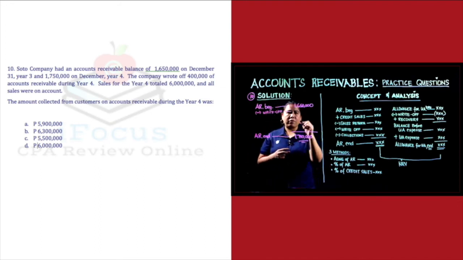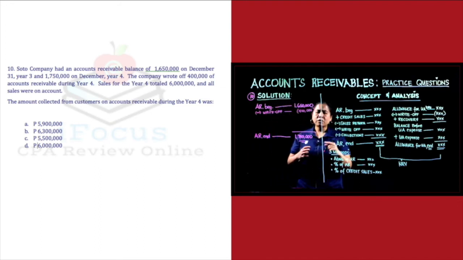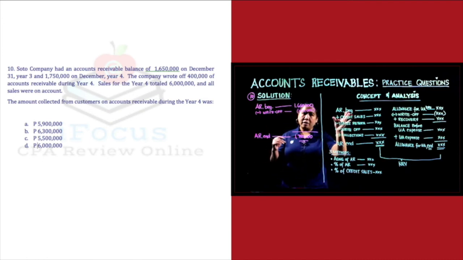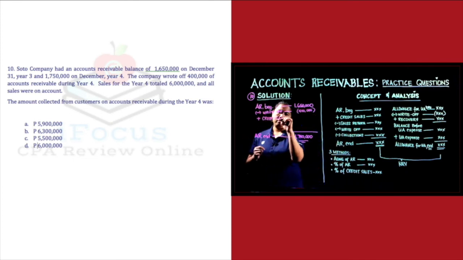Amounting to 400,000. Sales for the year 4 totaled 6 million and all sales were on account. So, lahat po ng 6 million ay credit sales natin. Alright? So, ano bang effect ng credit sales sa ating accounts receivable? That is additions to our accounts receivable. Alright? Kasi ang entry natin is debit to accounts receivable and credit to sales.